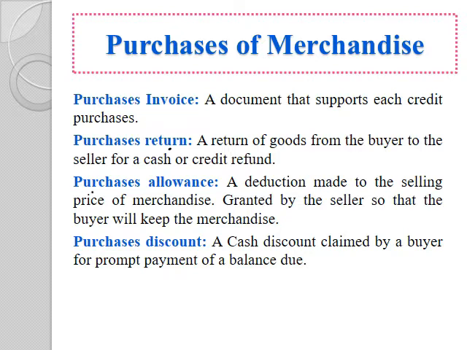Purchases allowances, a deduction made to the selling price of merchandise granted by the seller so that the buyer will keep the merchandise. And the purchases discount or received discount, a cash discount claimed by buyer for prompt payment of a balance due.